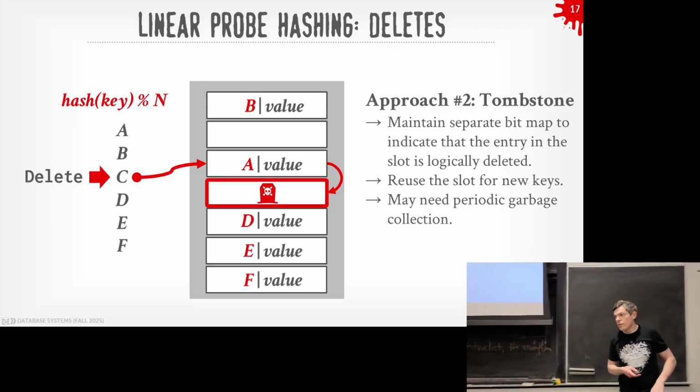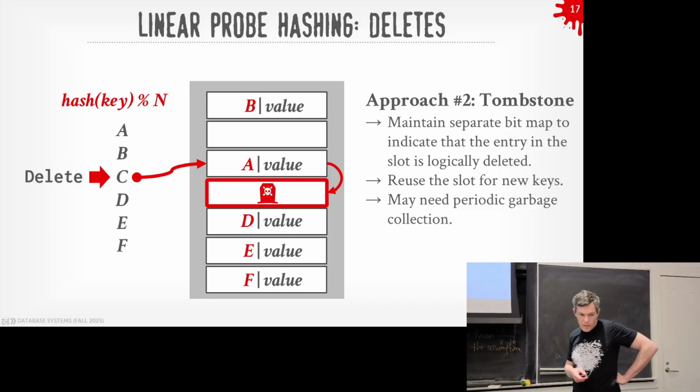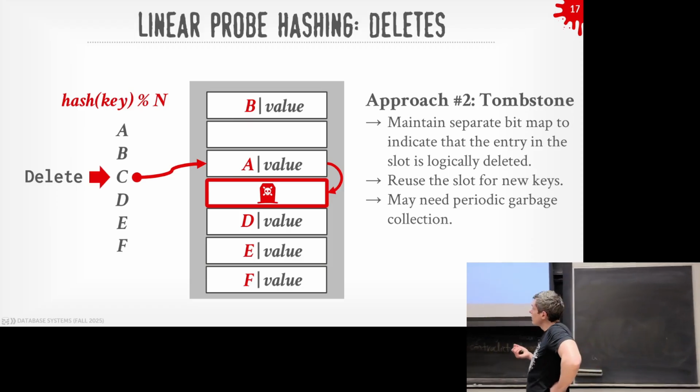Yes. So if you want to update here, how can we tell whether we should just directly overwrite the value or find it somewhere else? The question is, if I do an update to D or insert a new D. Update the value. So same as what would I do if I update the value of D?